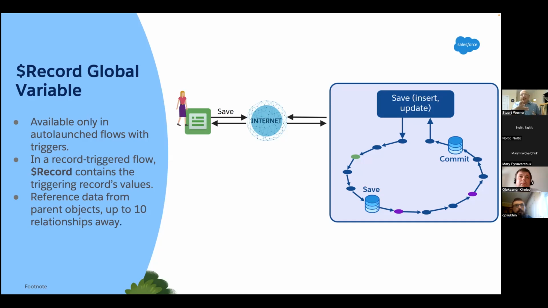Just like if we are making changes to data in trigger.new in a before trigger, right? We don't have to perform DML, right? Think about it, we're in the save order of execution. The next step after our before triggers is the save to the database, right?